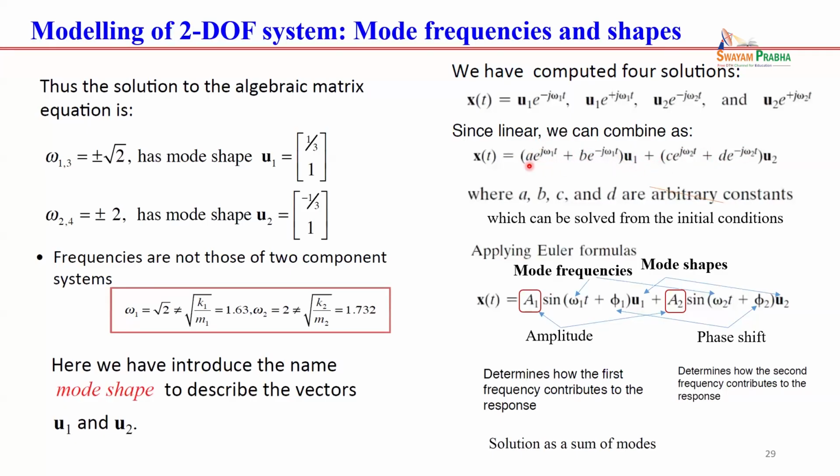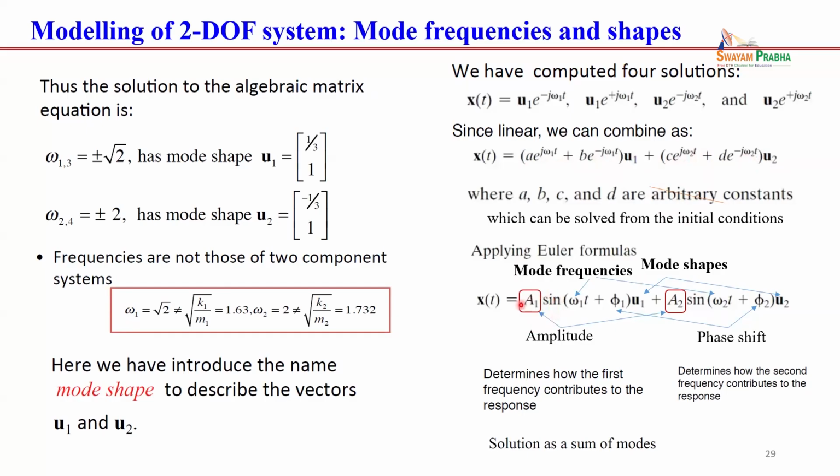You have these A, B, C, D. These can be arbitrary constants. It's not really arbitrary, right? You have to satisfy the initial condition, right? Therefore, after you satisfy the initial condition, you find these A, B, C, D. Okay, so overall, the vibration system, you can write in that way.